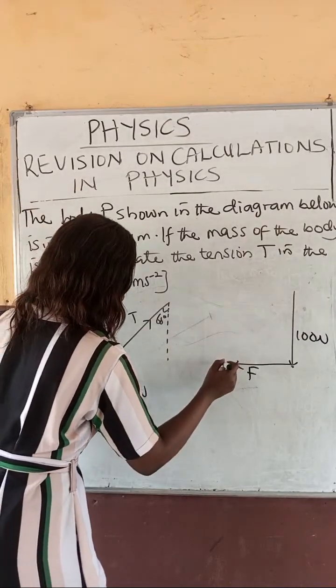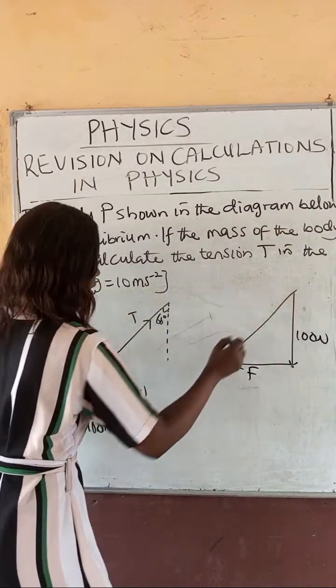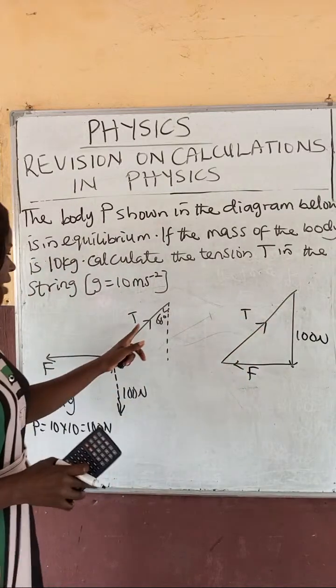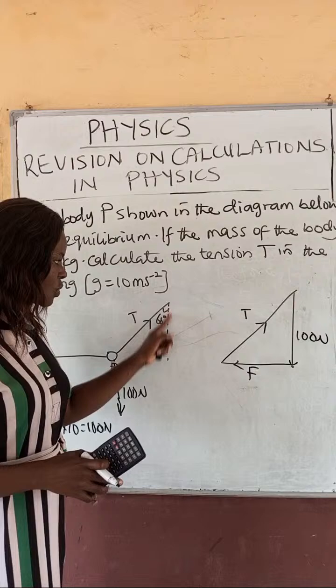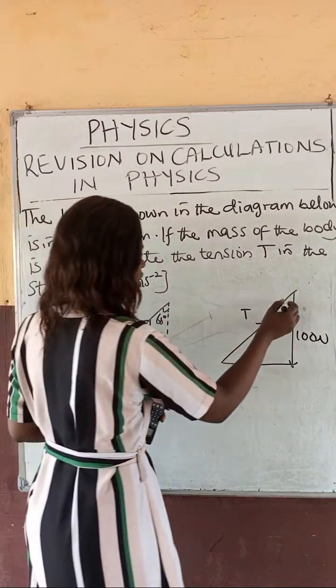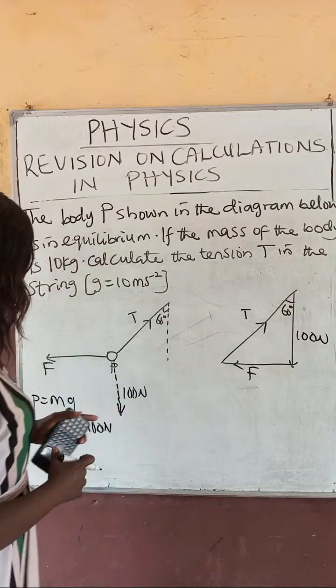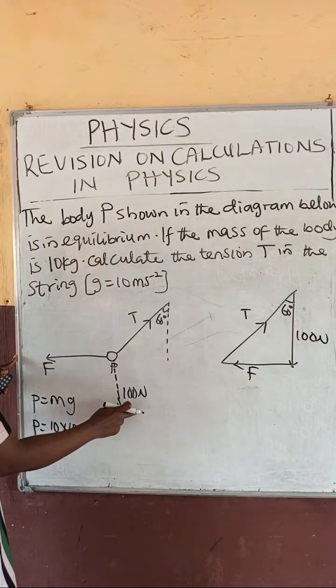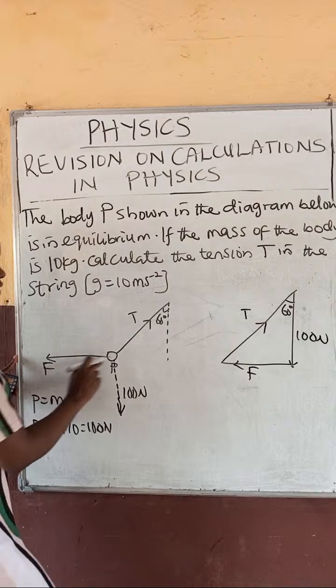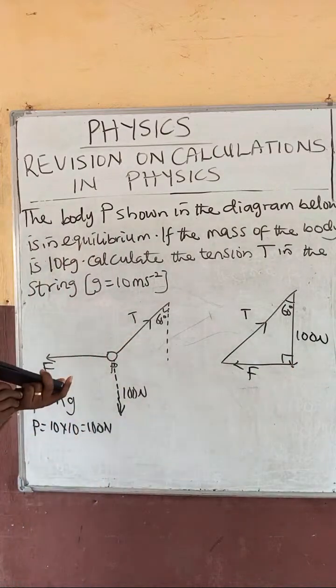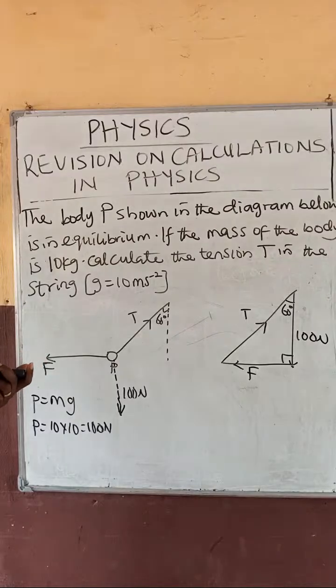That is the tension T. And this T makes an angle of 60 degrees with the vertical. So from here to here, I have 60 degrees. Then the force of 100 Newton makes a right angle with F. Is that okay? We have formed a triangle.